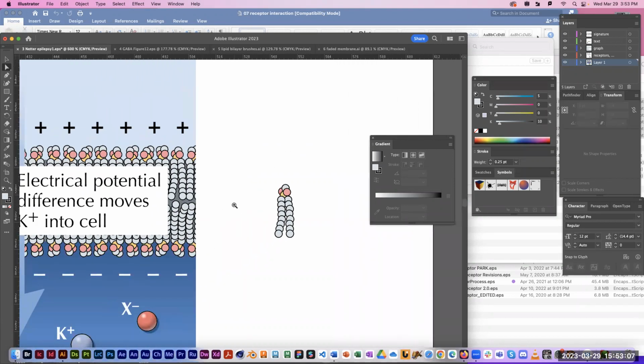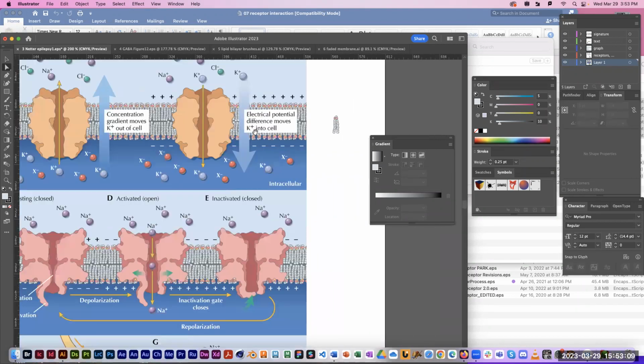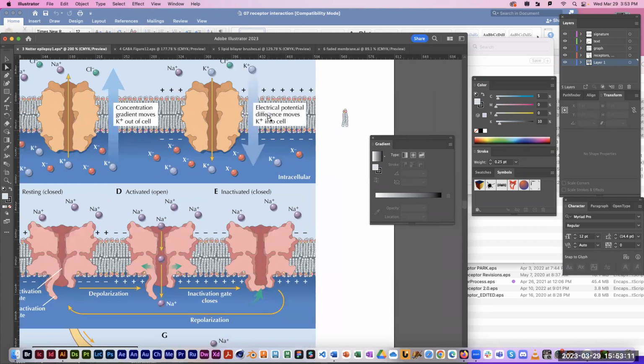So I felt this was a little more realistic, but in retrospect, looking at it, the only thing I'm not crazy about is it's a little too busy, a little too much going on in that lipid bilayer for my taste. So my lipid bilayers have continued to evolve beyond this.